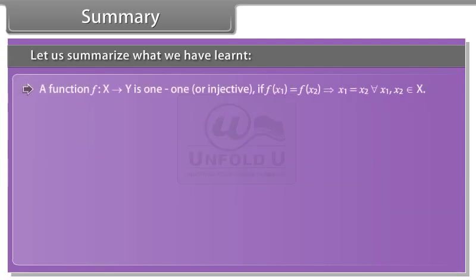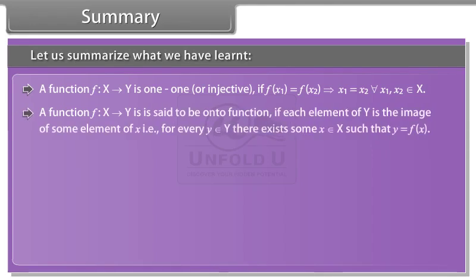A function f from X to Y is one-one or injective if f(x1) = f(x2) implies that x1 = x2 for each x1, x2 belongs to X. A function f from X to Y is said to be onto function if each element of Y is the image of some element of X, that is, for every y belongs to Y, there exists some x belongs to X such that y = f(x).